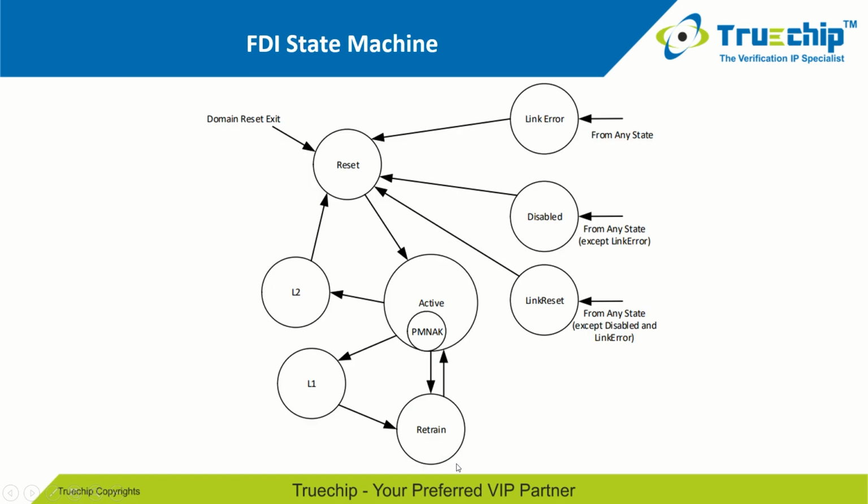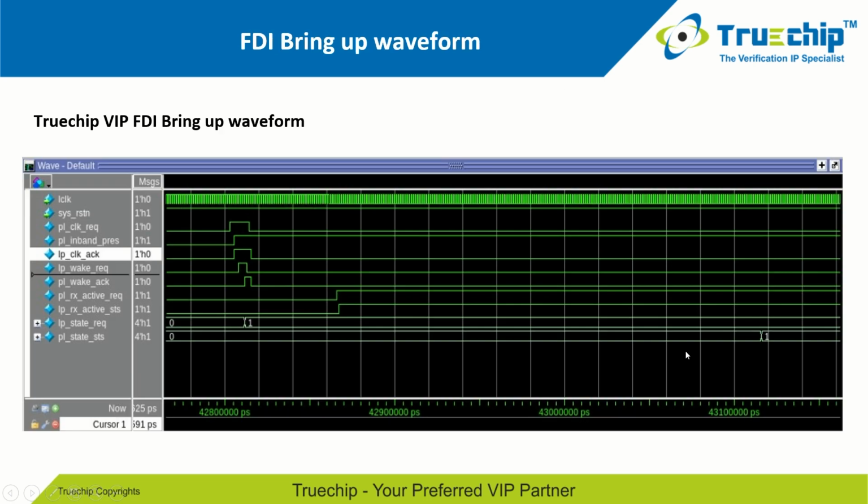Here is the FDI state machine, where these are the states. This is the waveform for the FDI bring up, similar to the RDI bring up. Whenever the protocol requests the active state, the adapter layer will change the state to active.